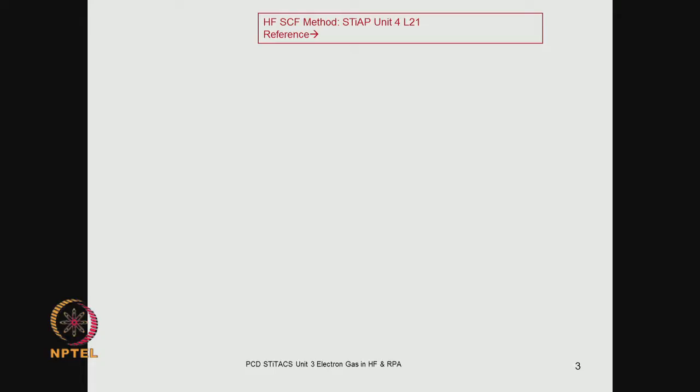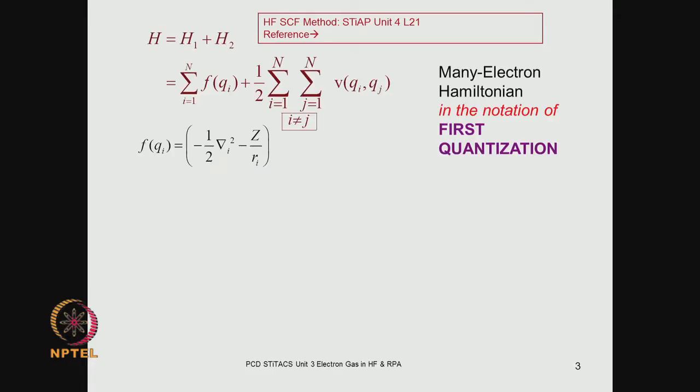So, let me recall the basic Hamiltonian which we dealt with in the previous course on atomic physics, and we developed the self consistent field for the solutions of the Schrodinger equation for n number of electrons, for which the Hamiltonian was written as a set of one particle and two particle operators.